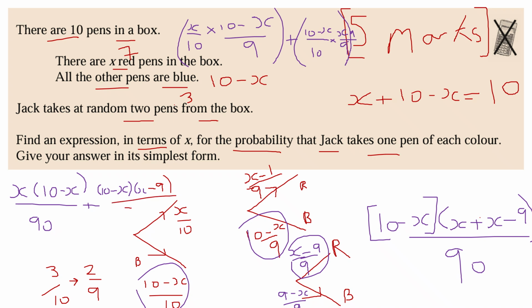Apologies about the lack of spacing. Hopefully you're able to follow me. I can factor out 10 minus x from both, and inside the bracket it's going to be x plus x minus 9. So it's going to be 10 minus x multiplied by 2x minus 9, all over 90.